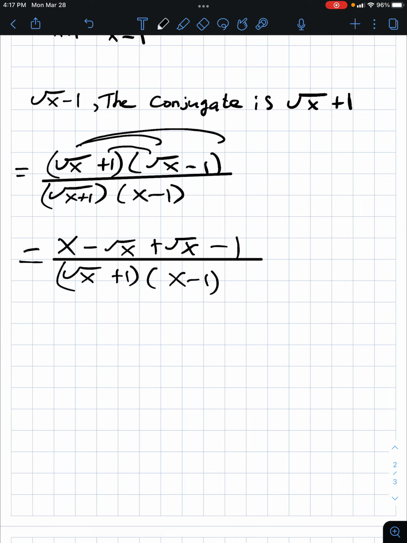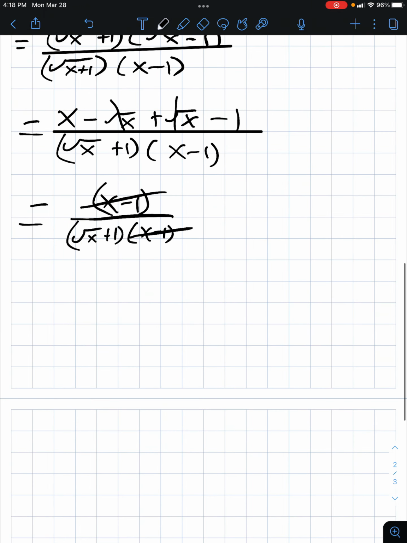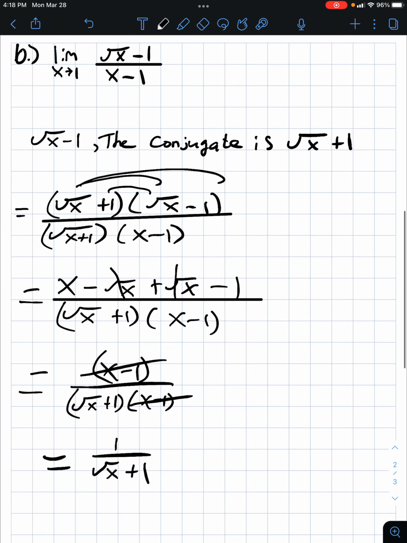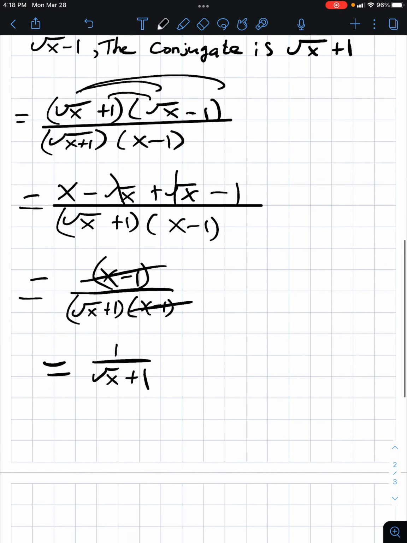It's the square root of x plus 1 times x minus 1. Now if we simplify the numerator, we can cancel this. We get x minus 1 divided by the square root of x plus 1 times x minus 1. And then we can cancel out like terms. That can cancel. So this is going to be equal to 1 over the square root of x plus 1. Now how can we find our limit at 1?